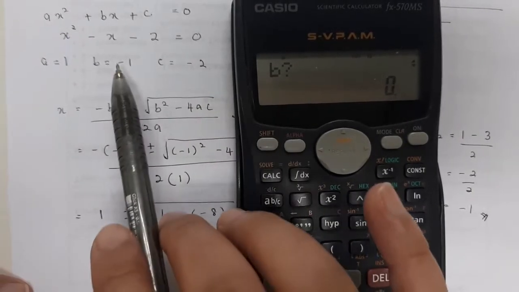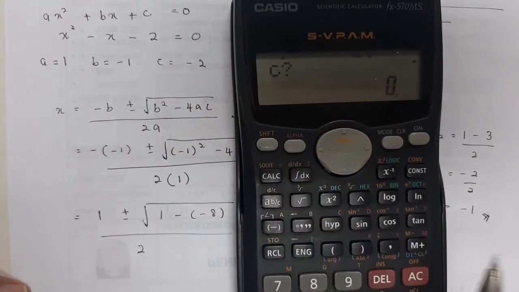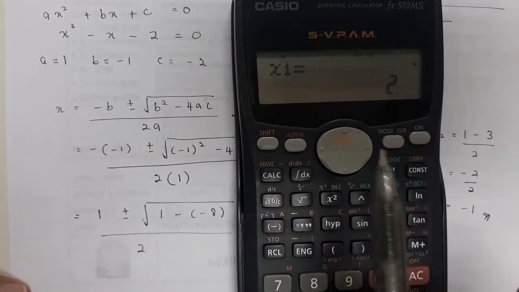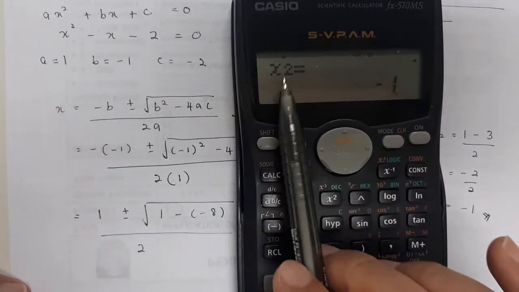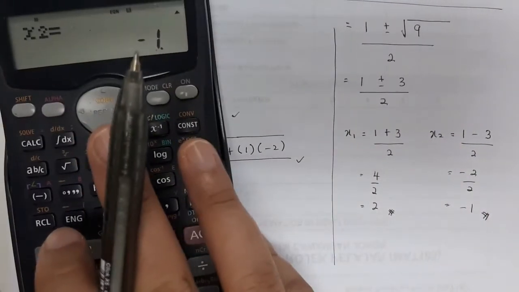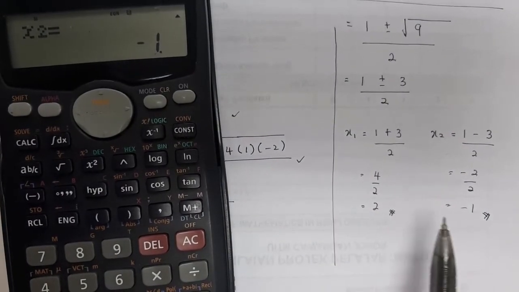B, our b is equal to negative 1. C, our c equal negative 2. So from here we get x1 equal 2 and x2 equal negative 1, which is the same answer as here. x1 equal 2 and x2 equal negative 1.